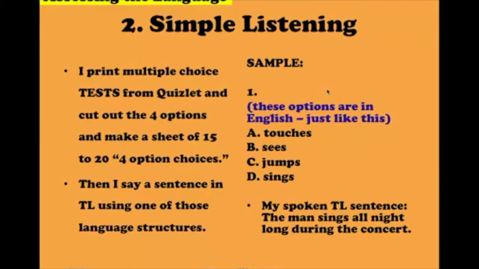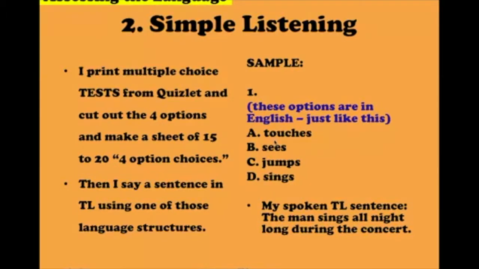I cut that out, or I white it out, and I use the ABCD that's already done for me. I cut those out quickly and put them on a sheet, or sometimes I can just use the sheet that it's printed out for me. I say a sentence in the target language using one of these structures, and there you go. They just tell me which one I'm talking about. It's a simple target language listening interpretive.